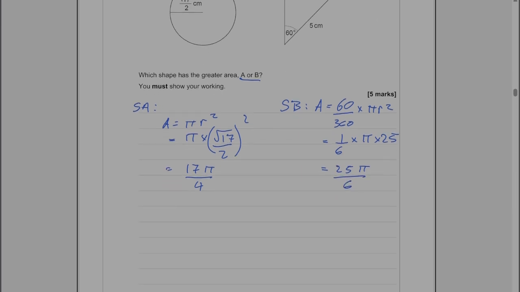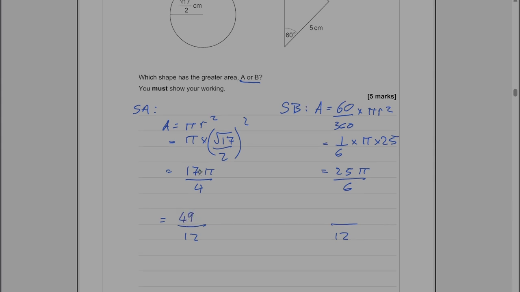Right, to compare these accurately, we need to put them over the same denominator, so I'm going to put them over 12. If I times this by 3, that's going to give me 49. Let's just double check that.